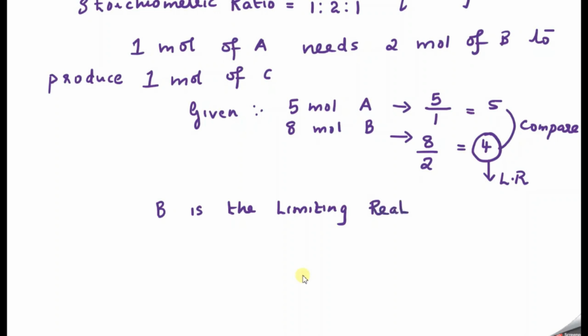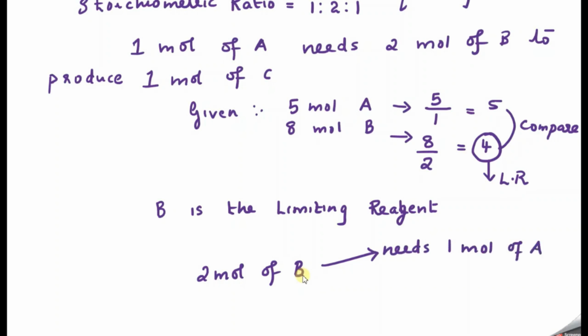Now the reaction will proceed according to the limiting reagent. As per stoichiometry, 2 mole of B needs 1 mole of A and will produce 1 mole of C. You are given 8 moles of B, so we need to convert 2 mole of B to 8 mole.